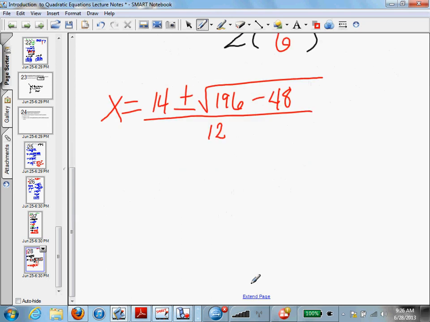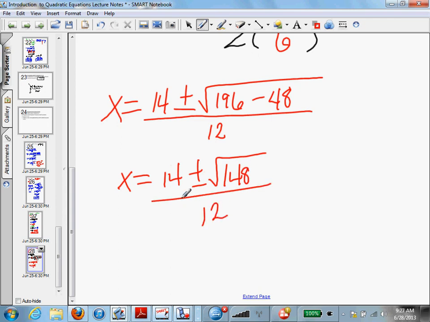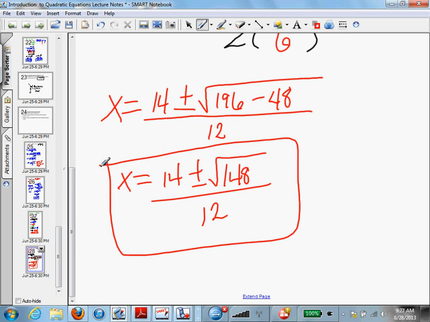Okay, if we want to simplify, you can say x equals 14 plus or minus the square root of 148 divided by 12. And if you wanted to, you could try to simplify 148, but for this purpose, we can say that we have the quadratic equation solved.